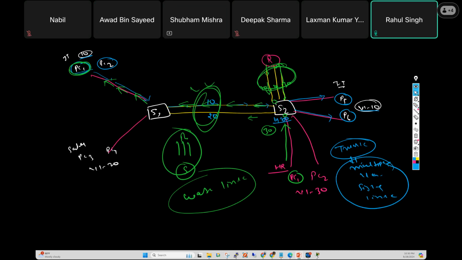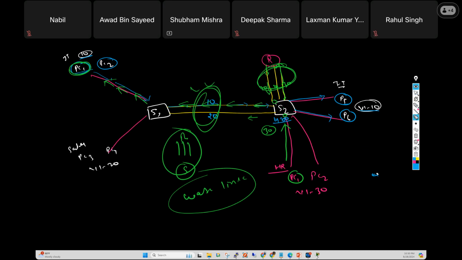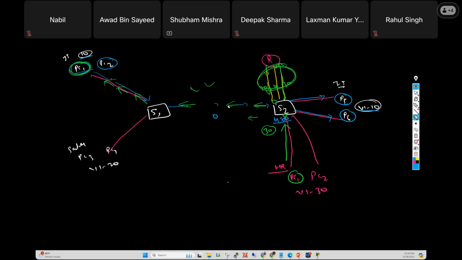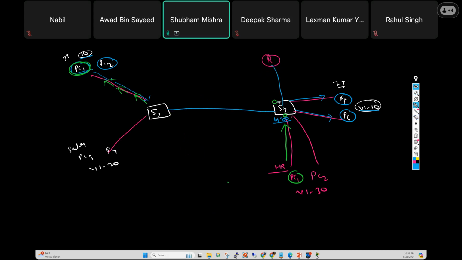Now, in this topology, if we use the trunk, what will we do? We will use only one link, and we will configure this link as a trunk link.